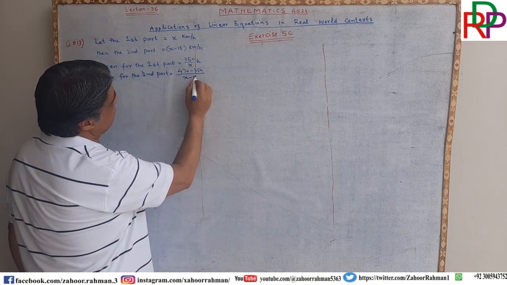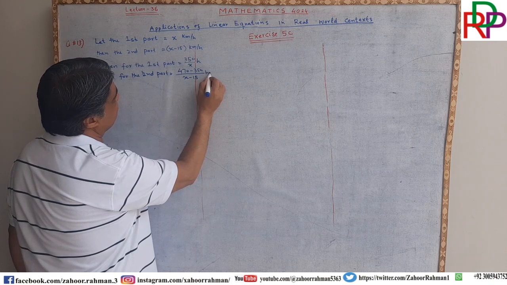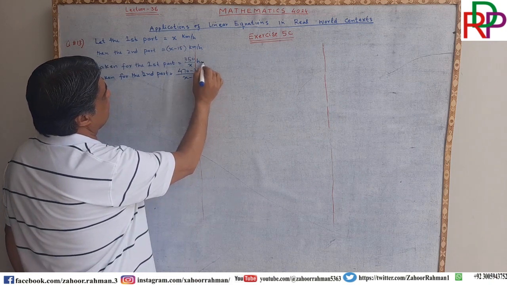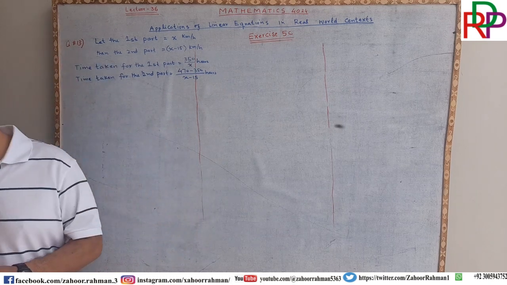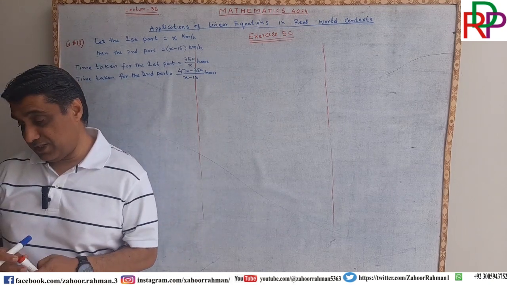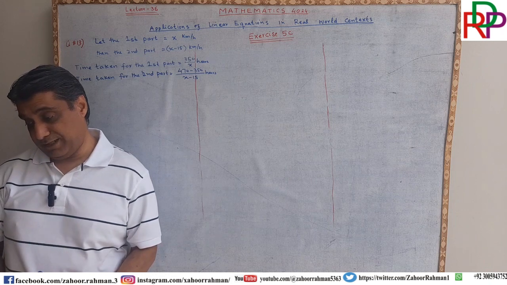X minus 15 hours. They are saying that if both are the same, then find the average speed for the second part.